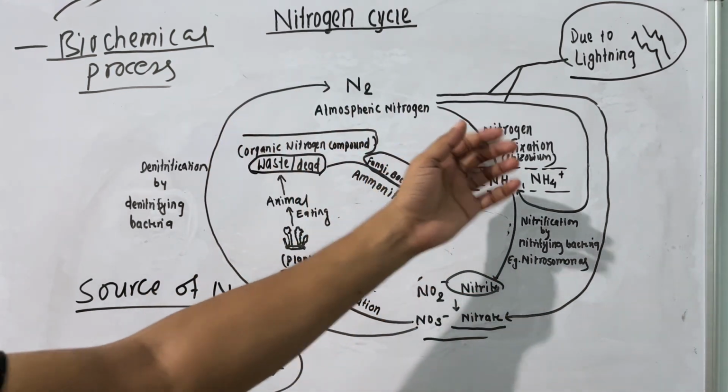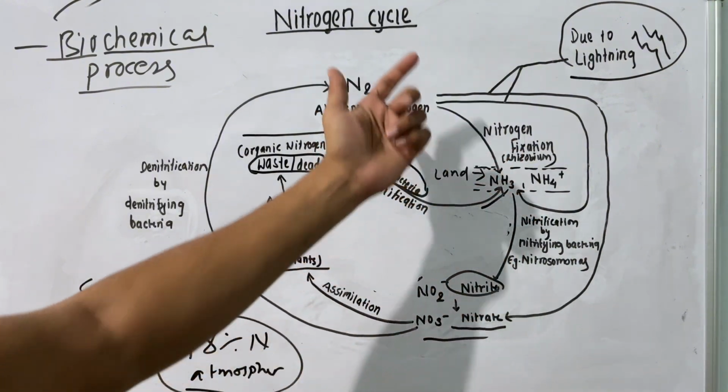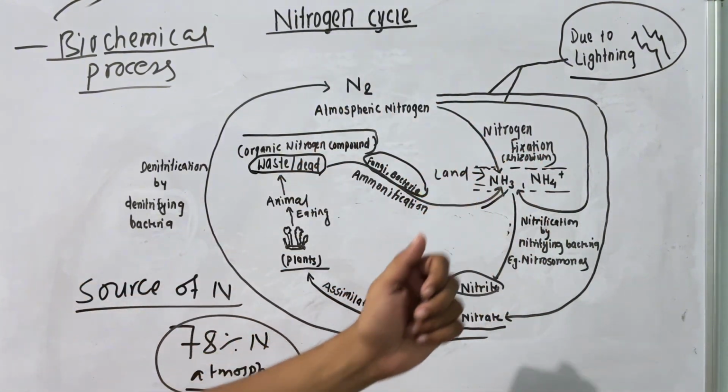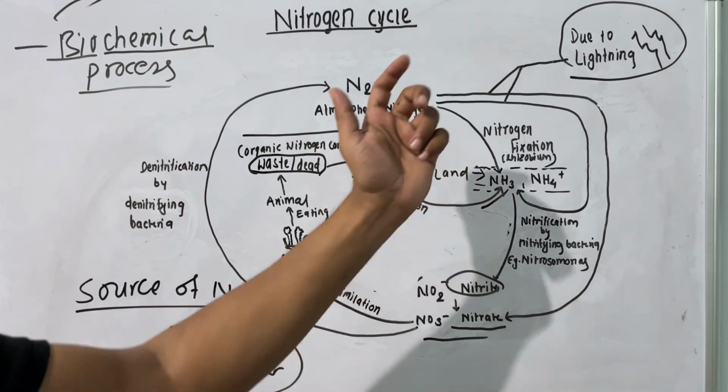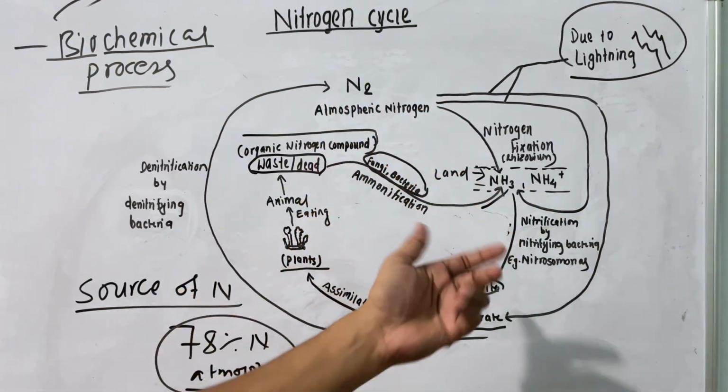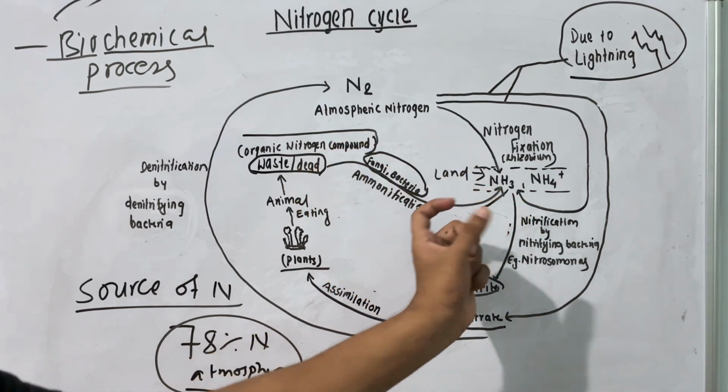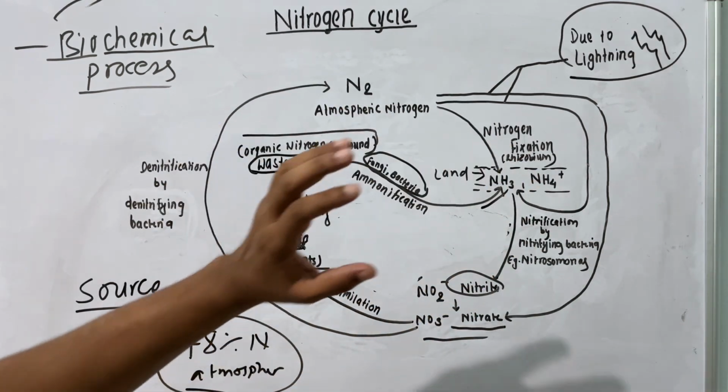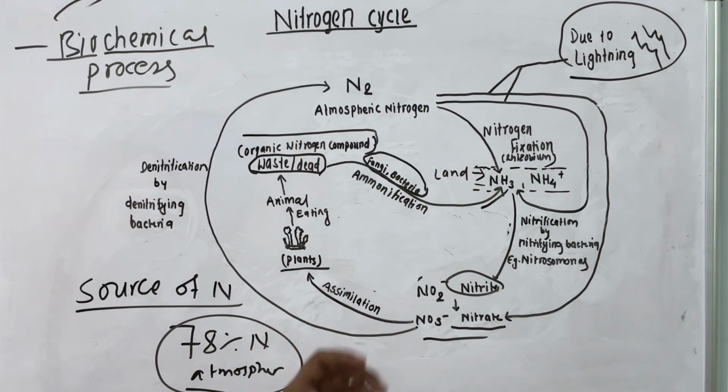Microorganisms present in the soil help to fix atmospheric nitrogen into the soil for the plant. Then in return the plant also provides carbohydrate and nutrients to the microorganism. That is the mutual association.